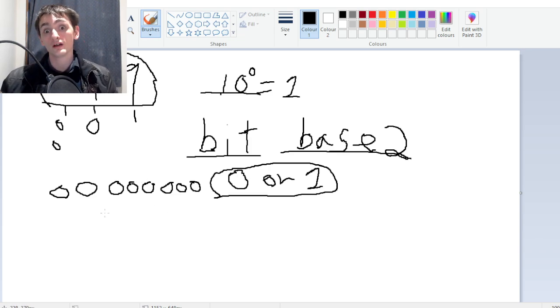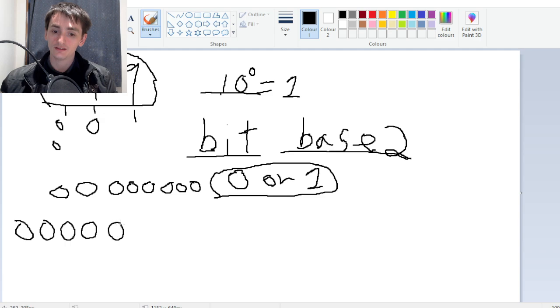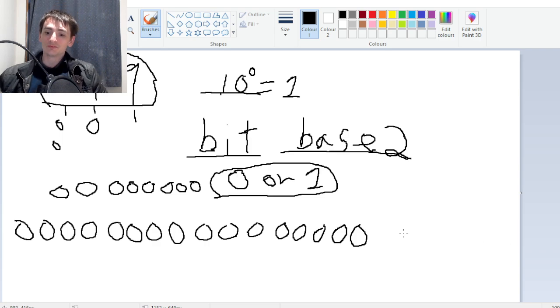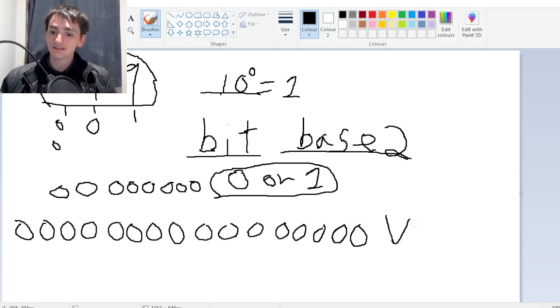You can also have a word, which is 16 bits, which is 1, 2, 3, 4, 5, 6, 7, 8, 1, 2, 3, 4, 5, 6, 7, 8, and that becomes a word. But this is a small, rarely used piece of information that will be a bit useful later. And then you've got your byte here.